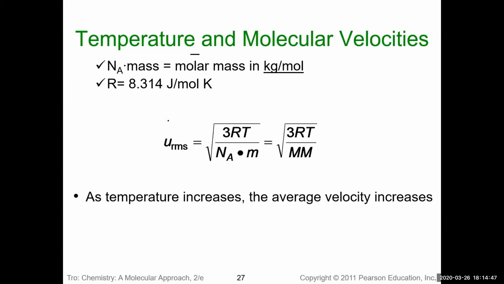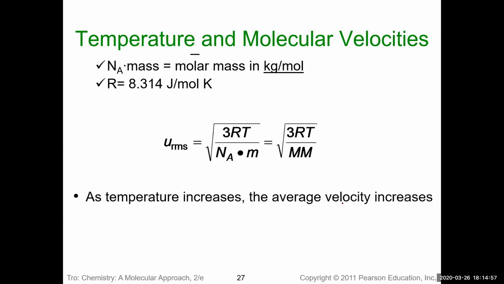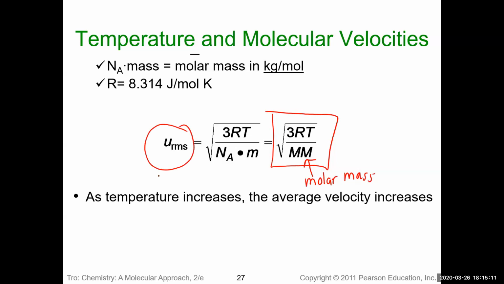So this brings us to temperature and molecular velocities, how you can actually calculate this. As the temperature increases, the molecules will be moving faster. And here's the formula that we use because it makes our life easier. This is our molecular velocity, that's what we call this.